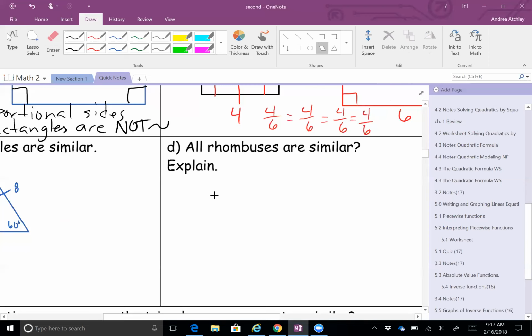Okay? So if you draw a parallelogram, a rhombus is a parallelogram where all the sides are congruent. And then this angle is congruent to this angle, and this angle is congruent to this angle.